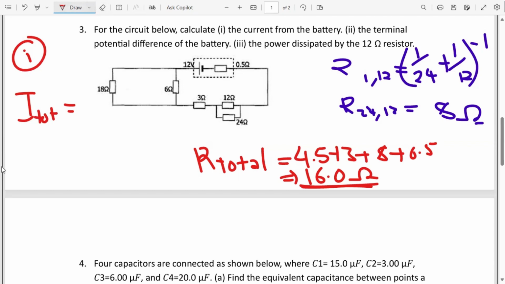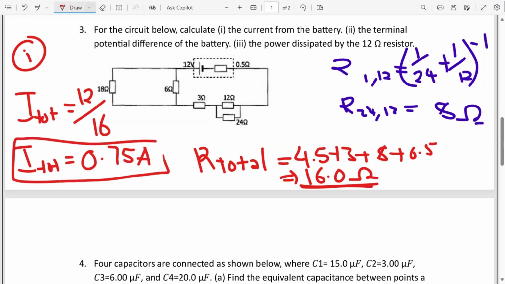So this will be equal to the 12 volt EMF that we've been given over the total resistance, which is 16.0. That means the total current in the circuit will be 12 over 16. This gives me 0.75 amps. So the total current from the battery is 0.75 amps.